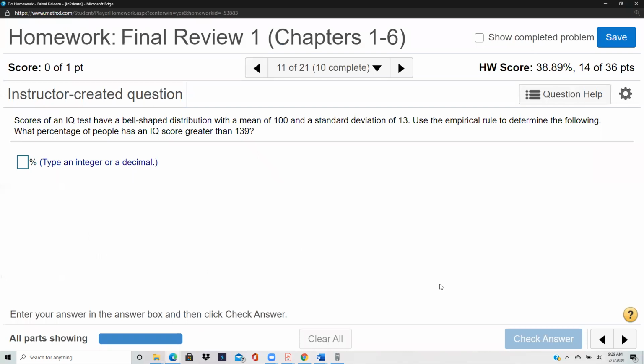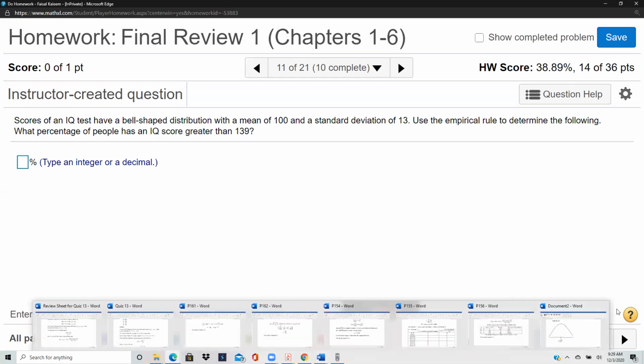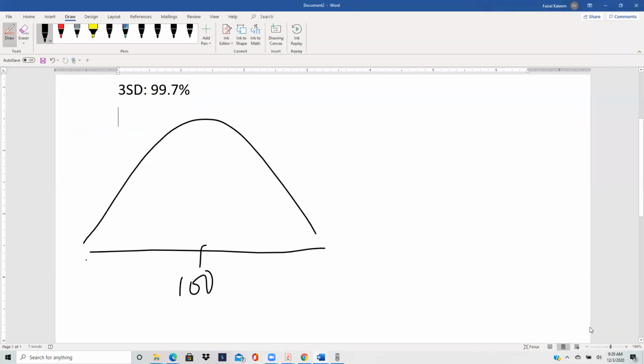Okay. So tell me, what do I do after I write the 100 in the middle? You would add 13 to the 100. Write it to the right. Okay. So 113. Correct.